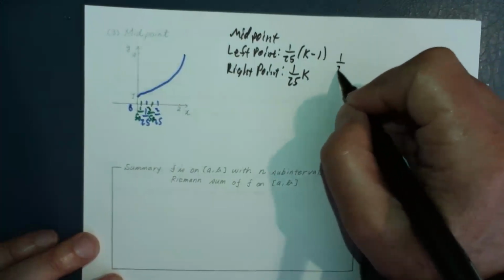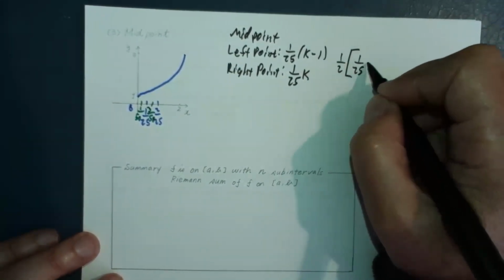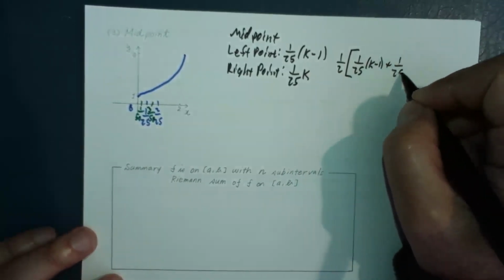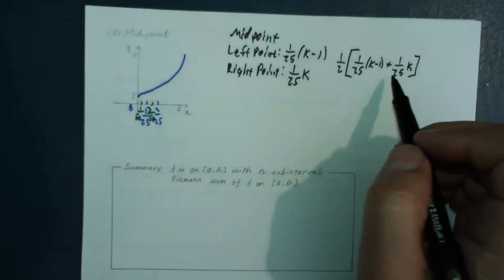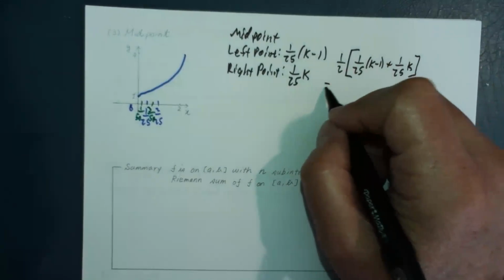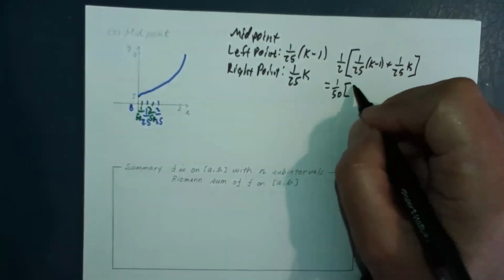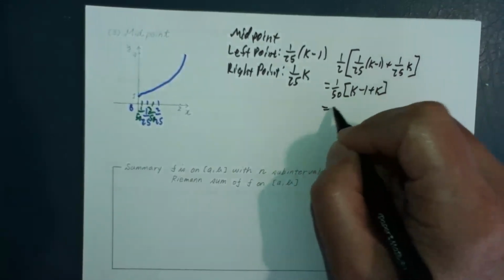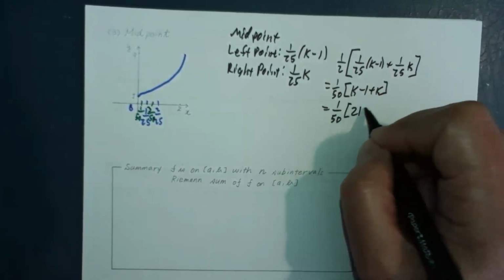This is going to be 1/2 times 1 over 25 (k minus 1) plus 1 over 25 k. And I'm going to factor out a 1 over 25, so that's going to be a 1 over 50. And we are left with k minus 1 plus k, which is 1 over 50 times (2k minus 1).